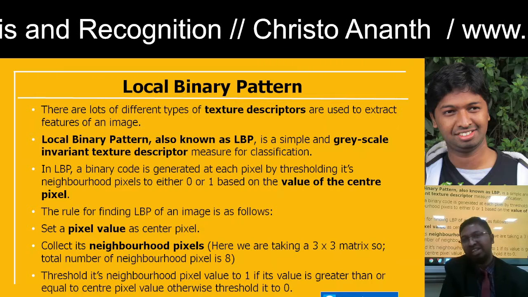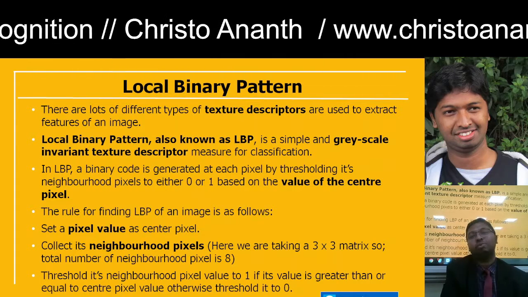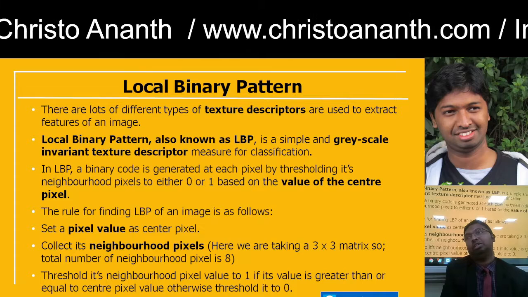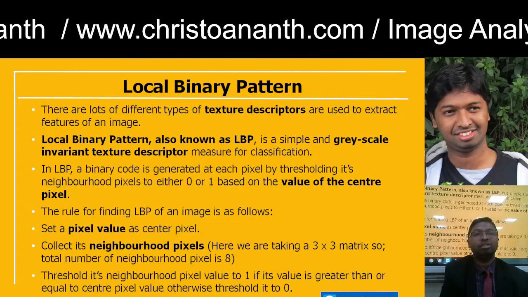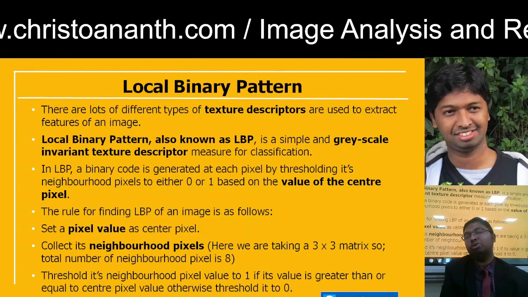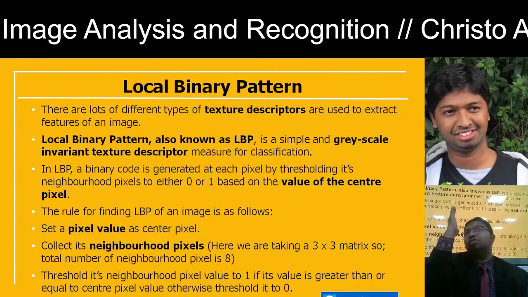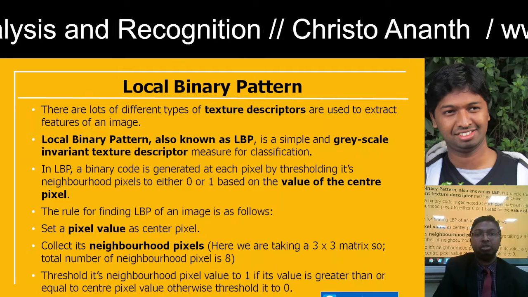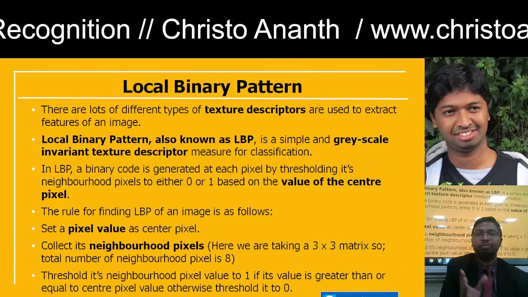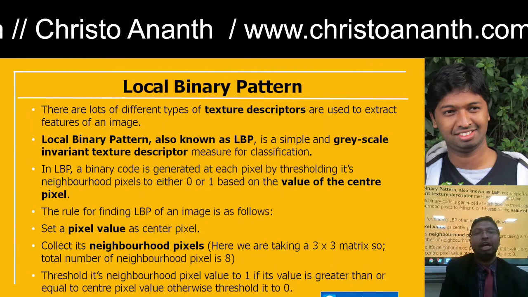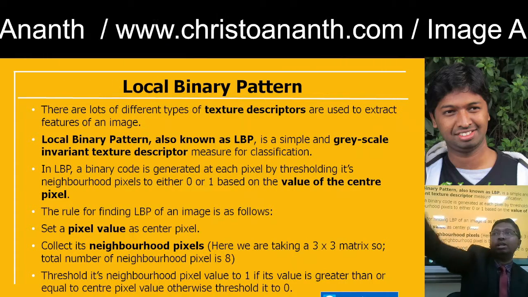So a binary code is generated for each pixel value by thresholding. You fix the threshold limit and the neighborhood pixels will be either 0 or 1 based on the value of the center pixel. So the rule is that you set the pixel value as the center pixel and you collect its neighboring pixels.